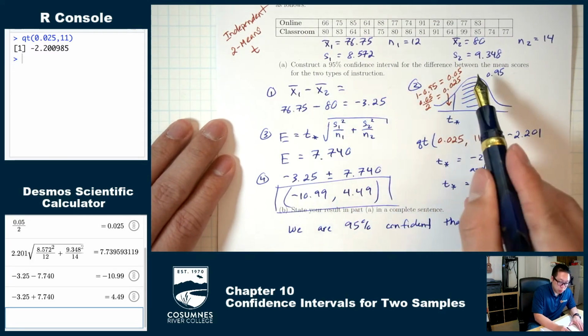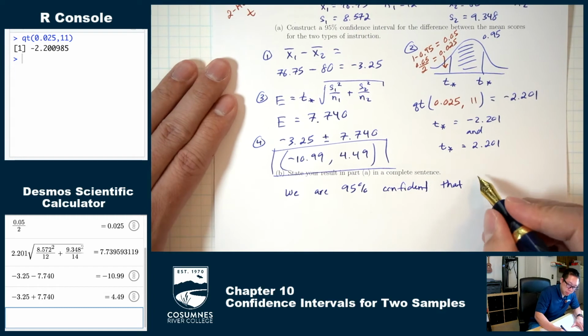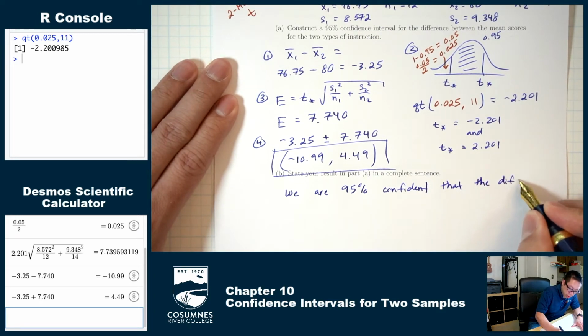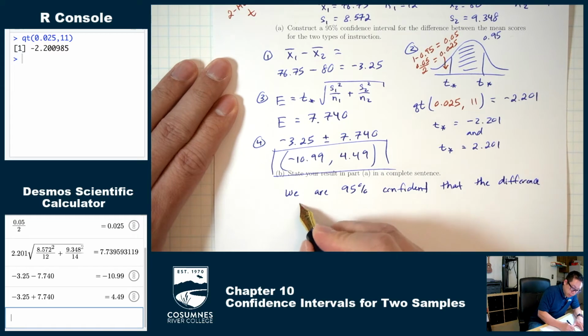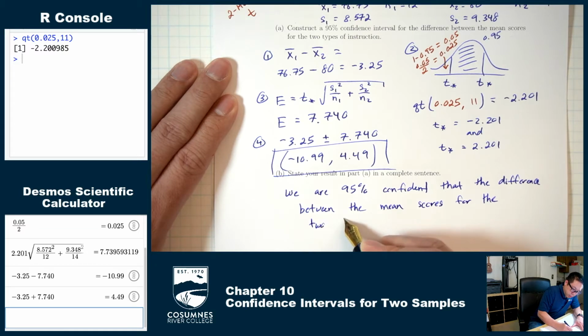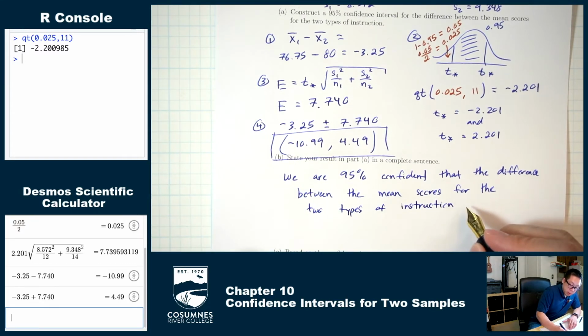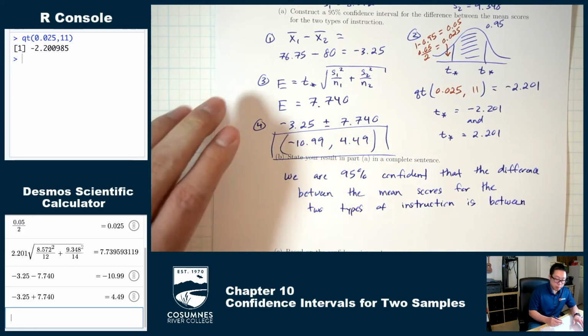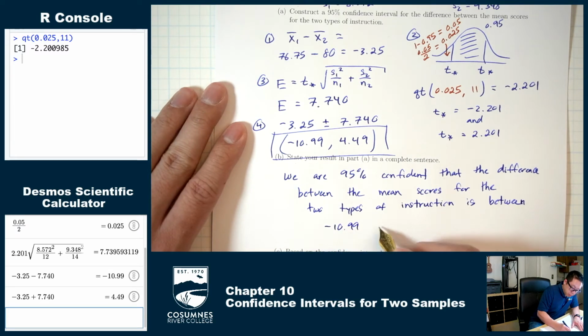That the difference between the mean scores for the two types of instruction is between negative 10.99 and 4.49.